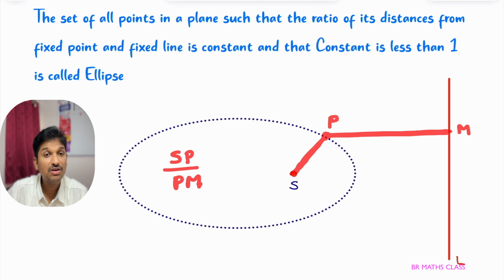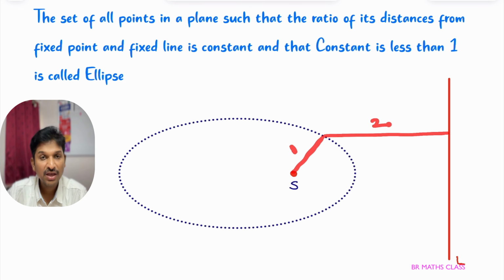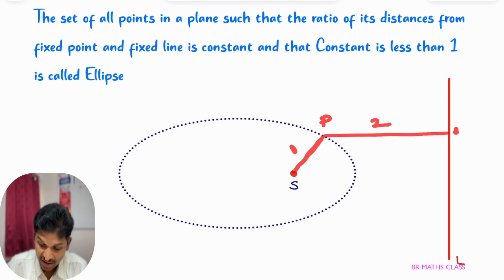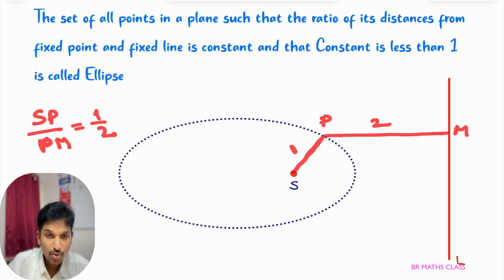This ratio is constant and that constant is less than 1, right? Suppose this is 1 unit and this is 2 units, so 1 by 2. SP by PM is constant, that is 1 by 2, and that constant is less than 1.